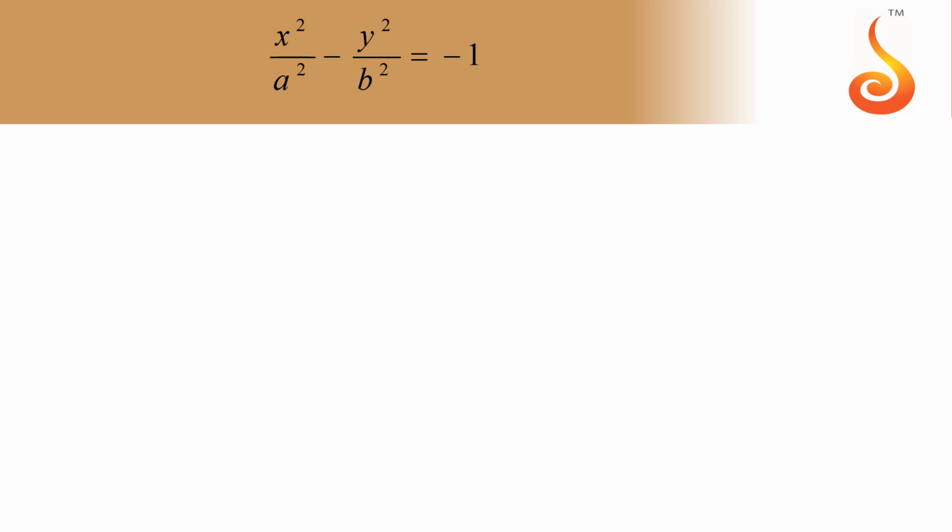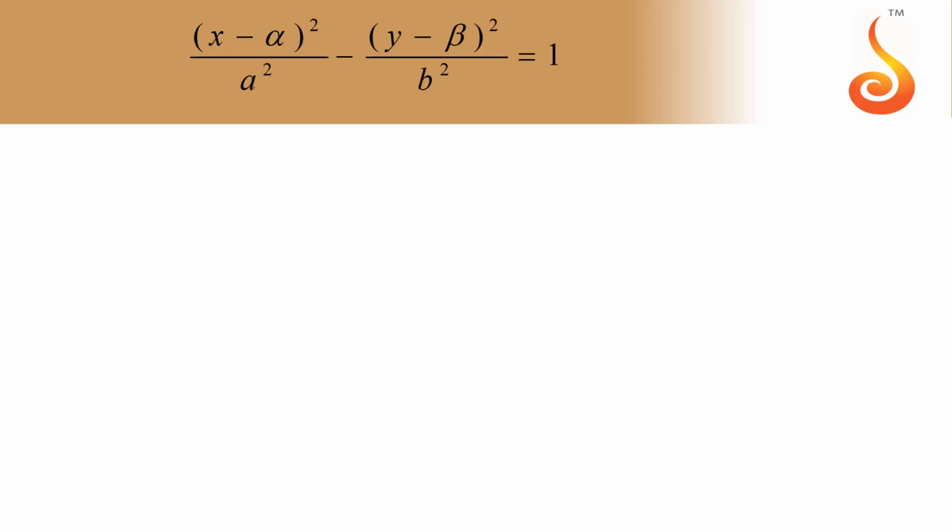And this will be a hyperbola whose transverse axis will be the y-axis and conjugate axis will be the x-axis: x square by a square minus y square by b square equal to minus 1. As in ellipse, a greater than b, a less than b won't be there here. For a given hyperbola or its conjugate, a can be less than b or a greater than b.